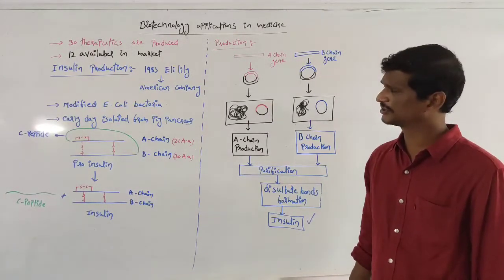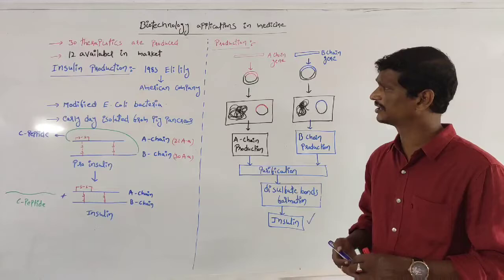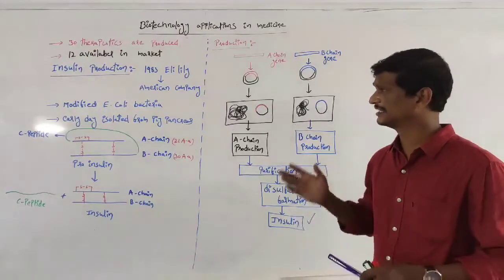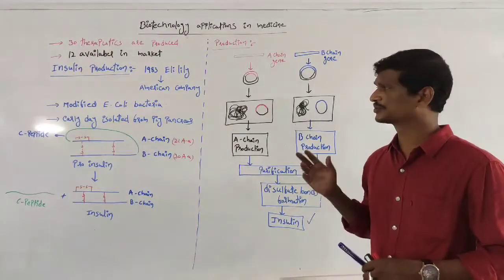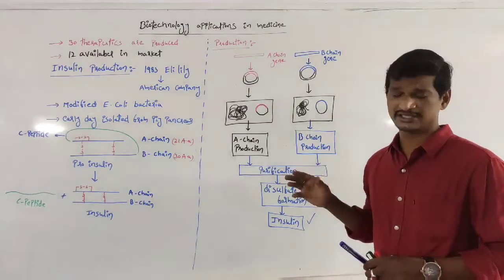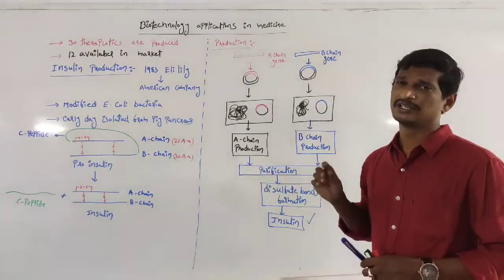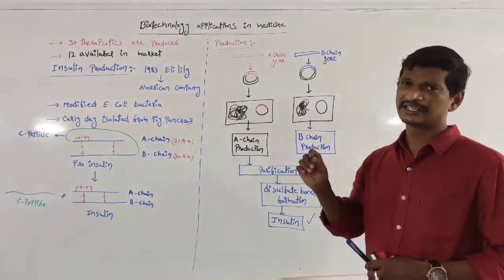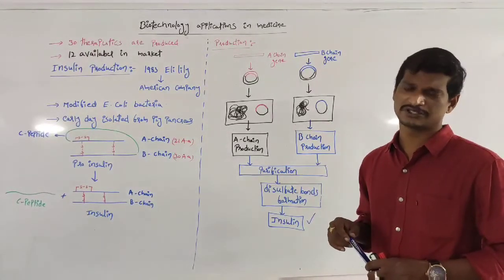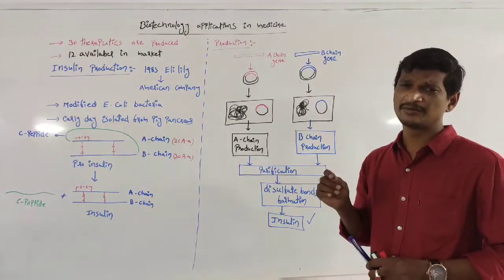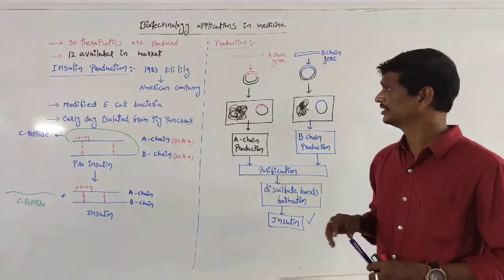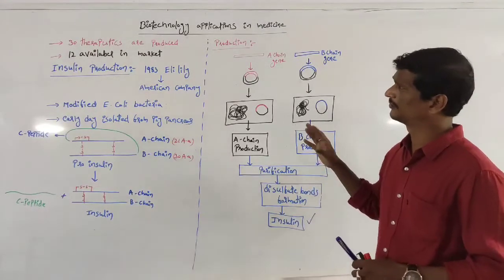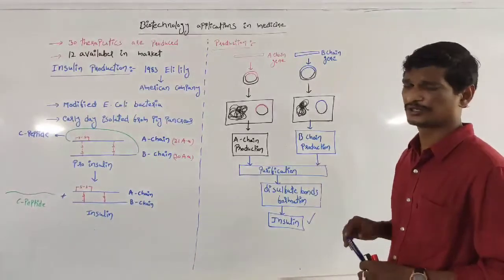One of the first applications is the production of insulin. Remember, in 1983, Eli Lilly introduced the biotechnology of insulin production, also called genetically engineered insulin production or recombinant insulin production. That is the very first one, insulin production.